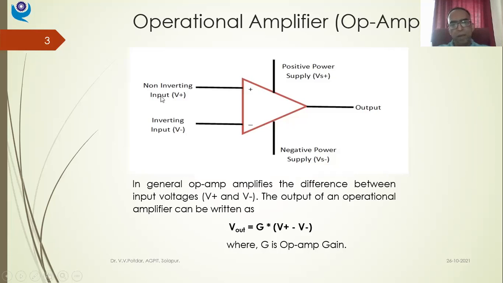The left hand side is the input side and the right hand side is the output side. On the input side, we have the non-inverting input given to the amplifier, and from the second terminal, the inverting input designated by V minus is given to the amplifier. So these are the inputs given to the op-amp.